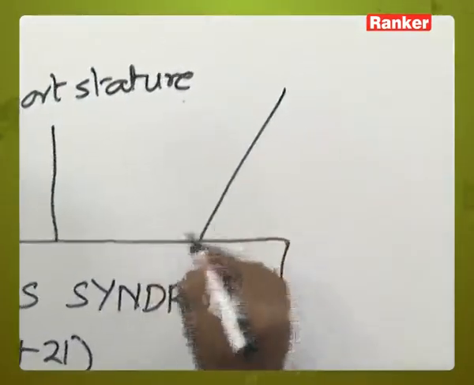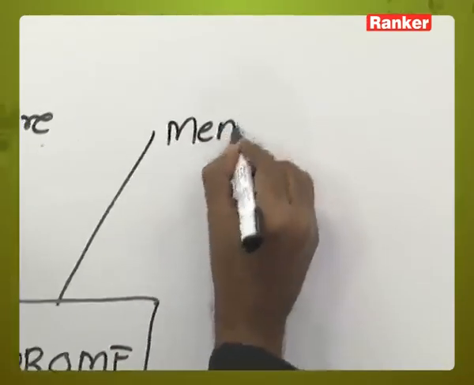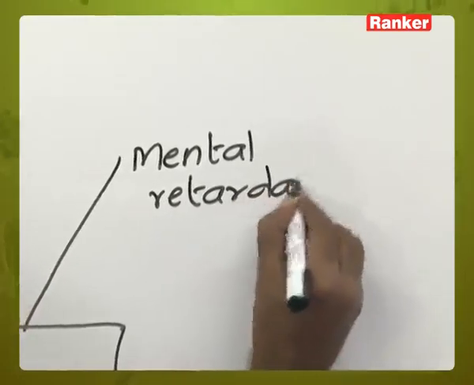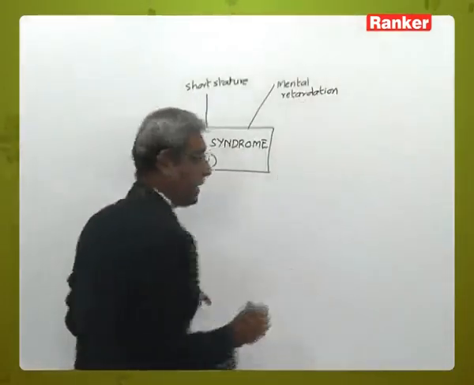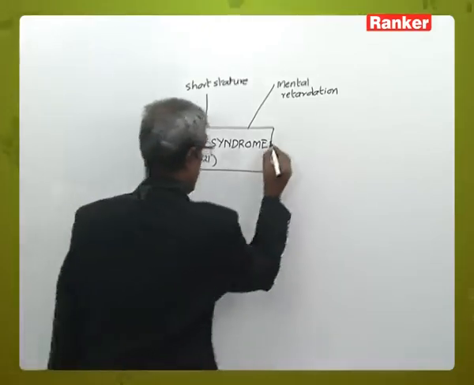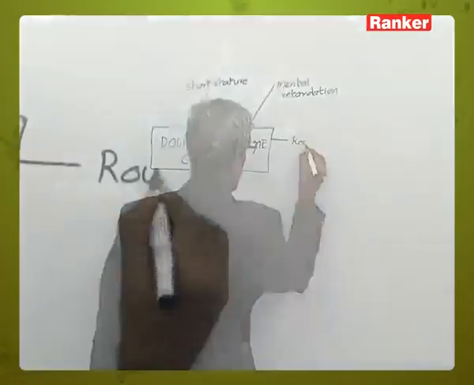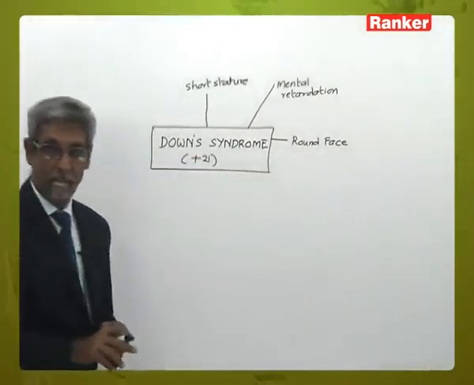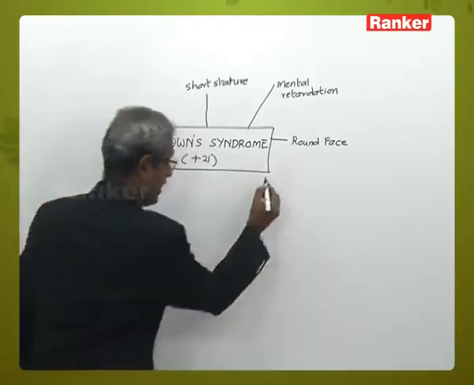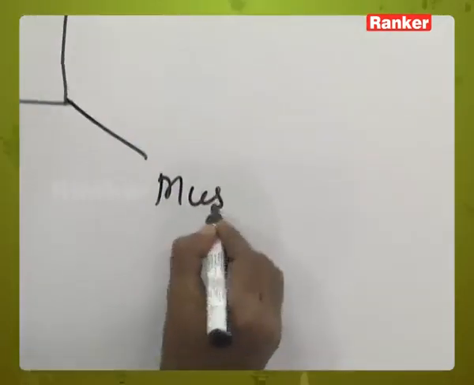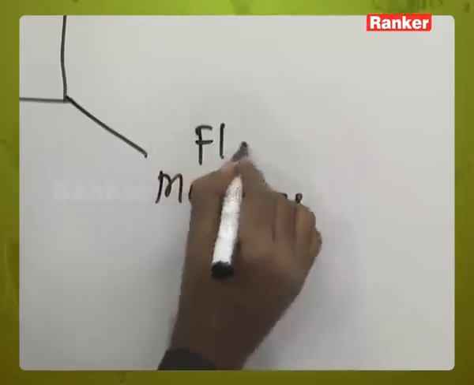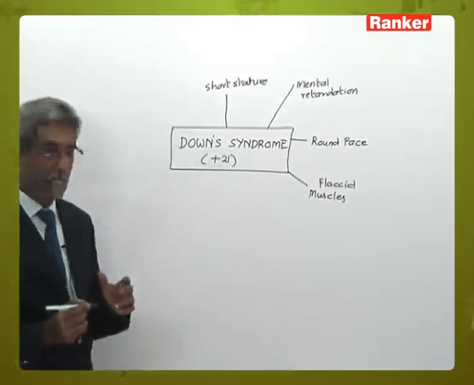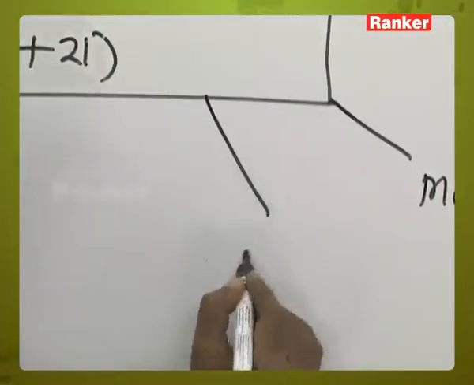Again, people who inherit Down syndrome have mental retardation. They have a round face and a broad head. Muscles are flaccid. Small ears. They have a protruding tongue.